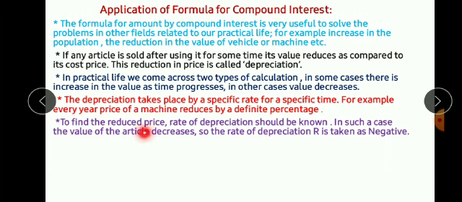To find the reduced price, the rate of depreciation should be known. In such a case, the value of the article decreases. So, the rate of depreciation R should be taken as negative. That is, R is negative.